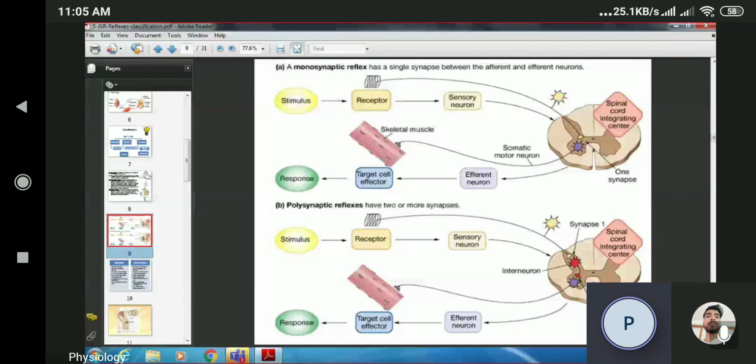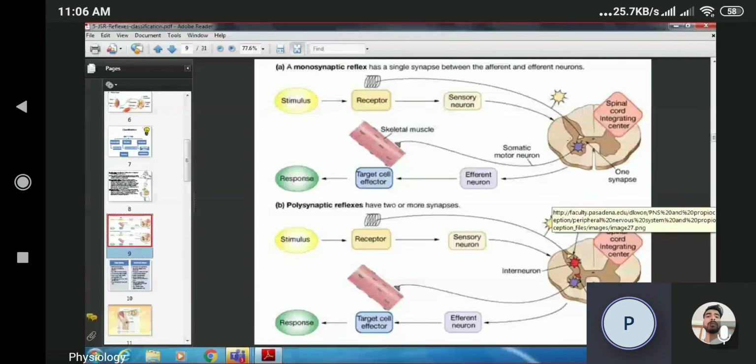Stimulus is there, receptor is there, afferent nerve is there, and it brings the information in through the dorsal root ganglion, and there is a synapse between this neuron and this neuron. So there is only one synapse involved, and then this is again a somatic motor neuron going to the skeletal muscle. So this is monosynaptic reflex.